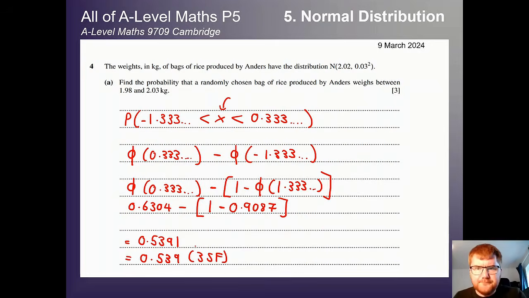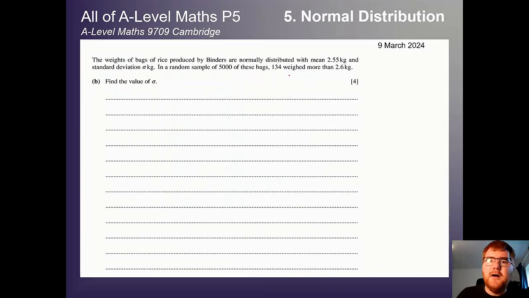0.539. Okay, on to the second part, which is a very typical thing they could ask you working with these standardized normal distributions. So the weights of bags of rice produced by Binders, so a different company here, are normally distributed with mean 2.55 and standard deviation of delta here. So we can write this down as 2.55 as our mean, and then we have whatever the standard deviation is here squared.